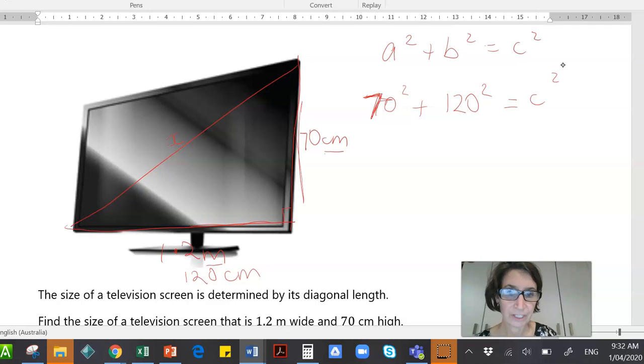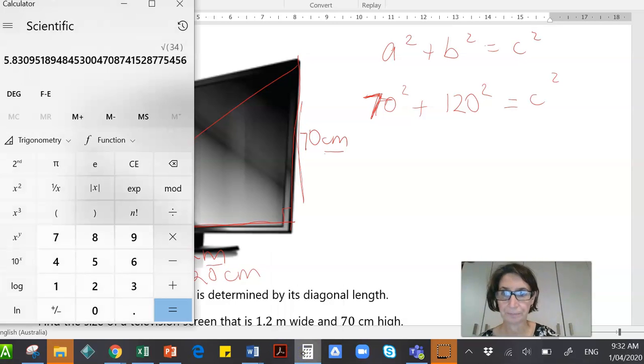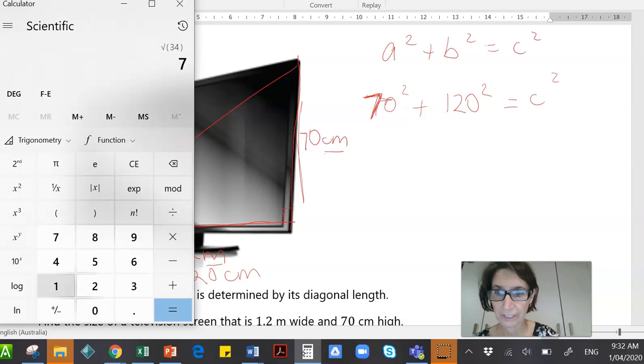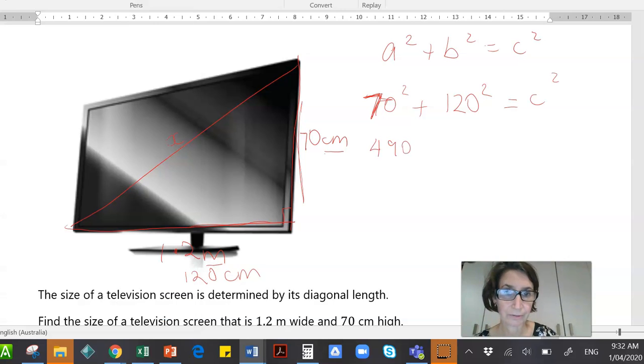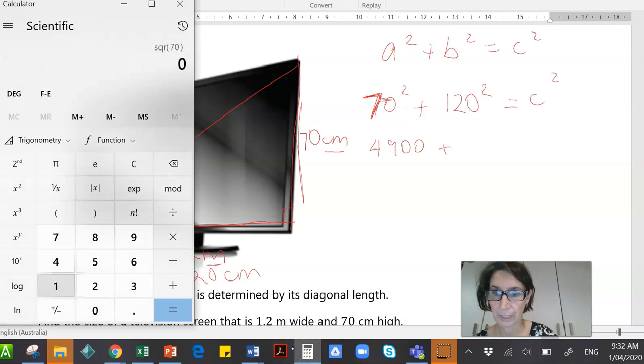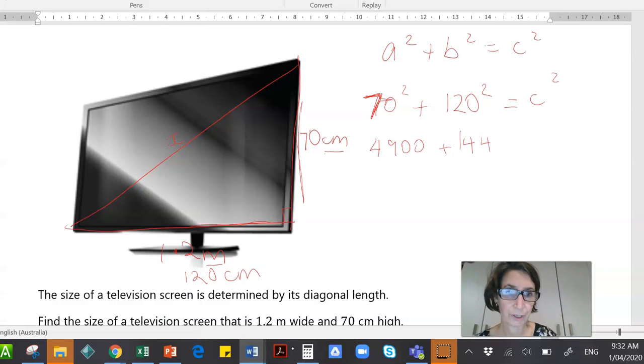Okay, so for this one I'm going to need my calculator. Let's have a look. 70 squared is 4,900 plus 120 squared, 14,400 equals our hypotenuse squared.